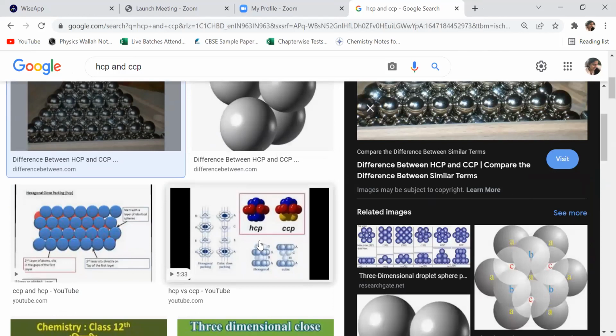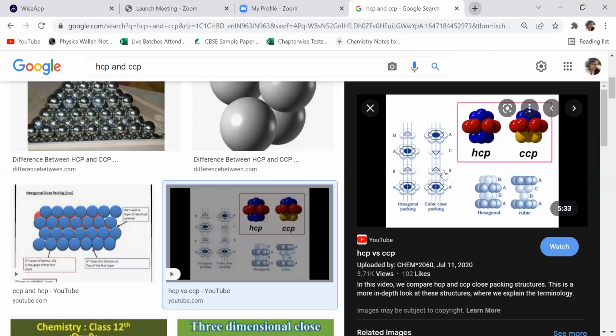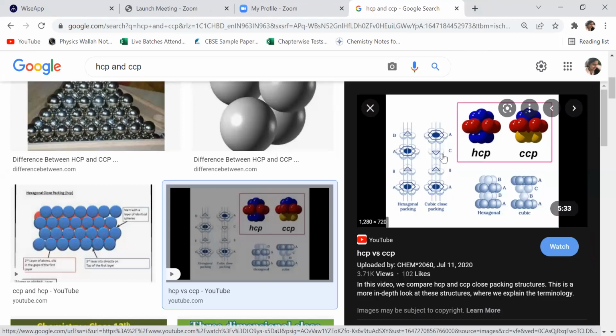So HCP and CCP is clear. See, in HCP the layers are A, B, A, B, and in CCP it is different. You can see ABC layers. Here it's very clear.